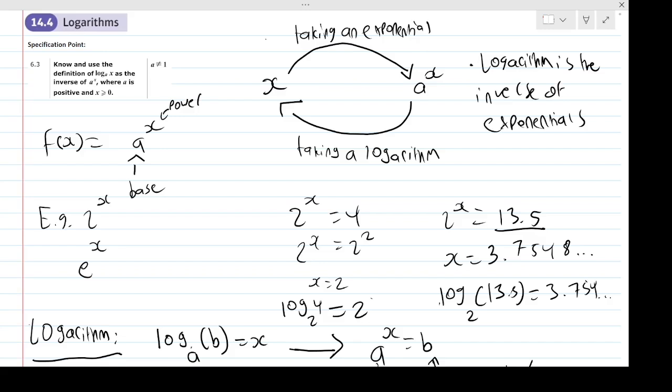At the end of the day, what you need to know is that a logarithm gives me the power x in my exponential. We can go backwards. Instead of raising something to the power of x, a logarithm tells me what the original power x is. This diagram might help you there.